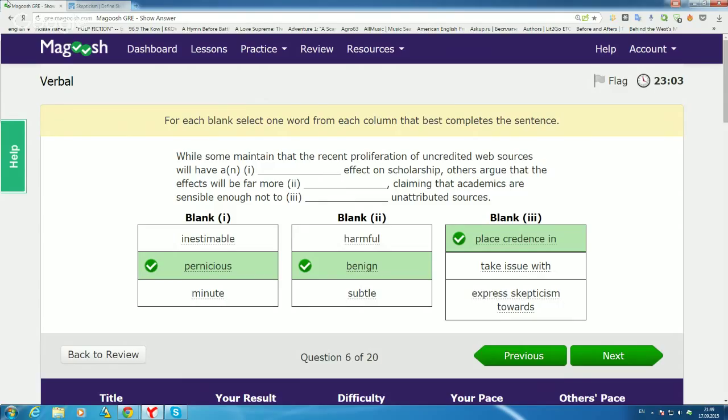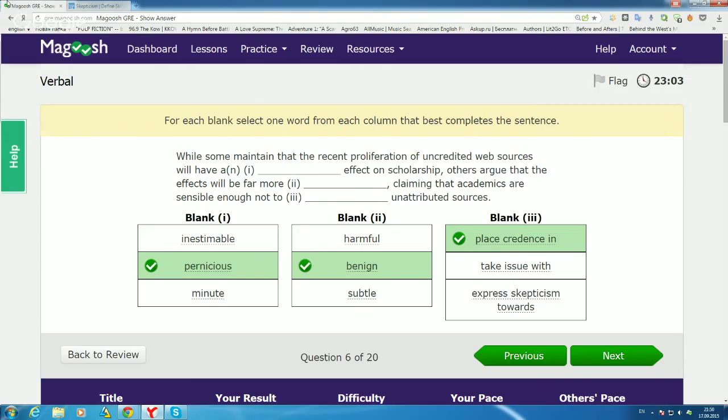It doesn't make any sense. If the sources are unattributed, they have to doubt them. So what we are saying is that academics or researchers are smart enough not to believe unreliable information. That's why place credence in works. Now we see.